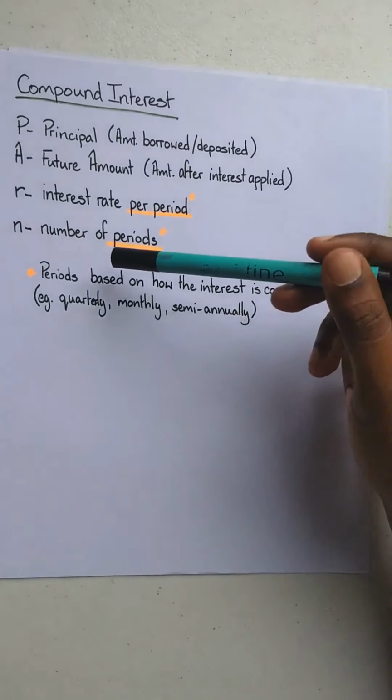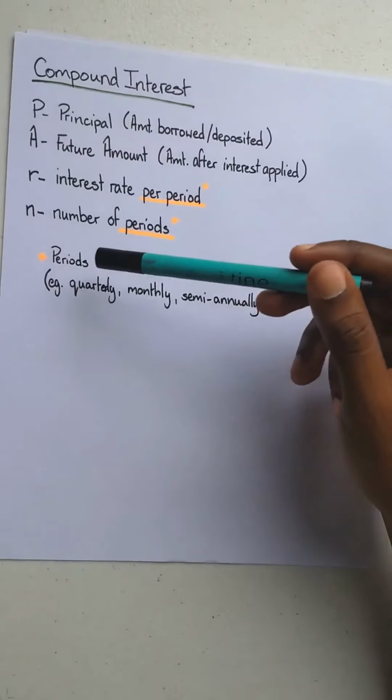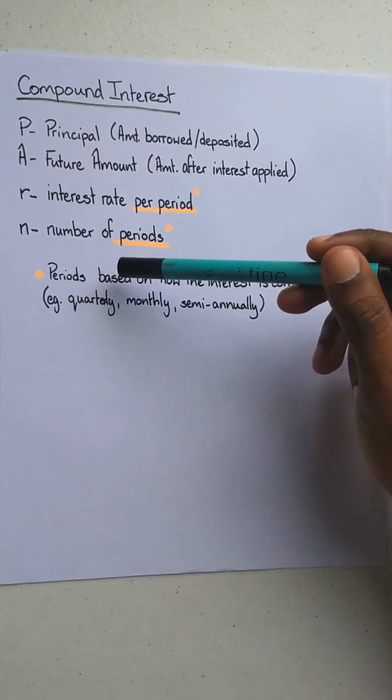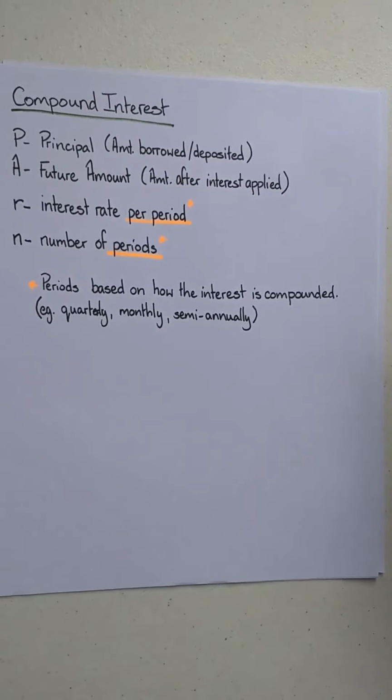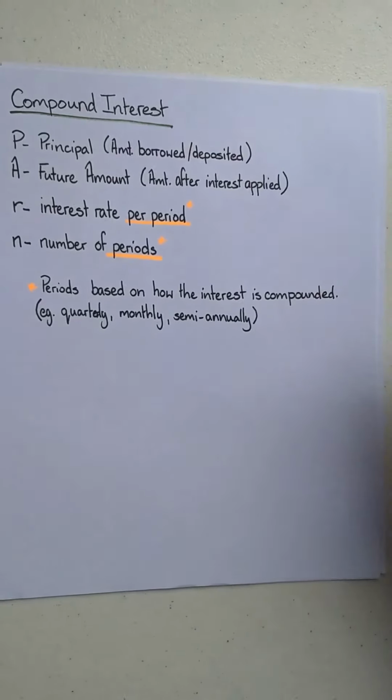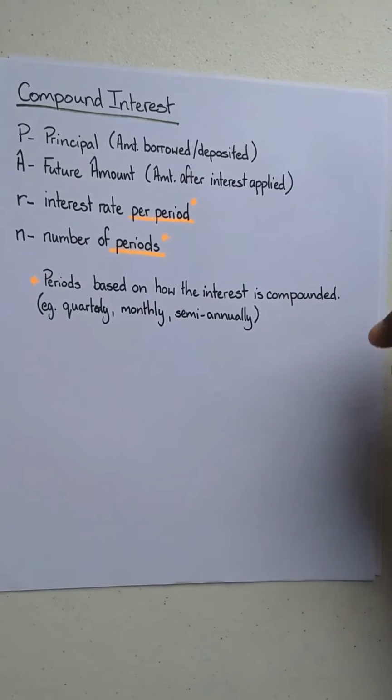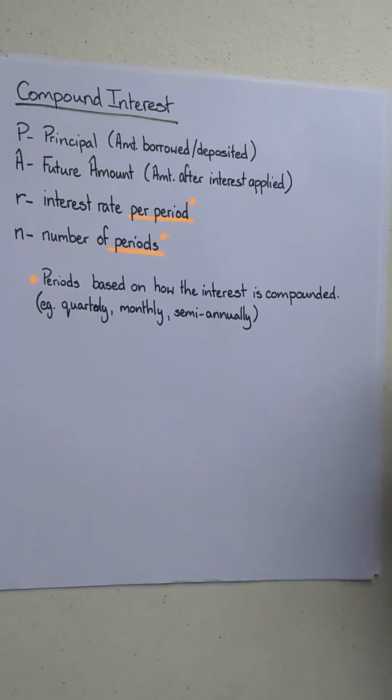And it's always important to note that periods are based on how the interest is compounded, whether it be compounded quarterly, monthly, or semi-annually. And this will come into play in calculating R and N, and also in solving for P or A.